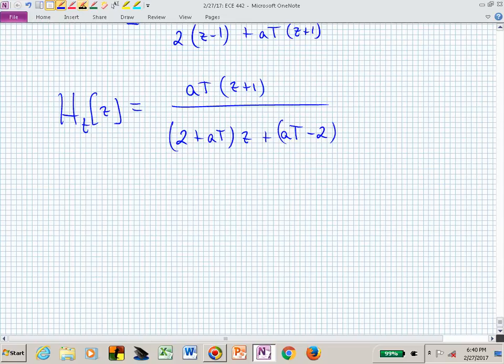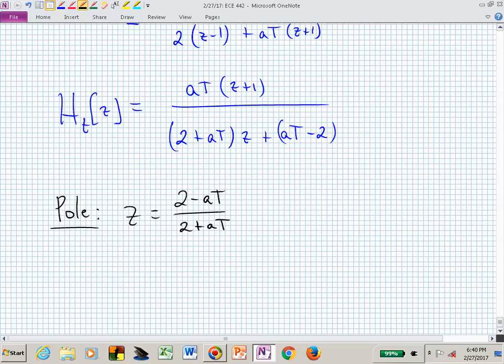Where's our pole? Is that where it is? So now we're just solving for the denominator equal to 0 and solving for z. That will give us our pole.